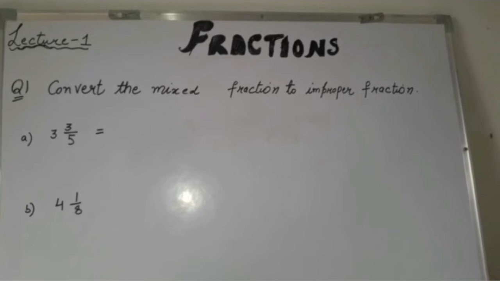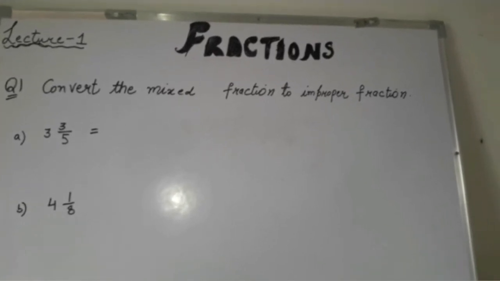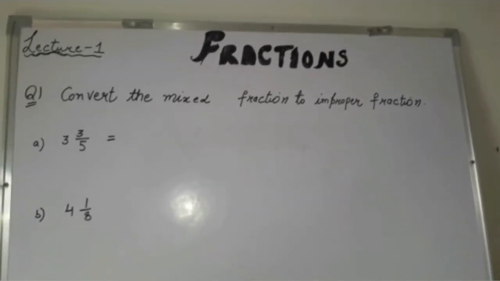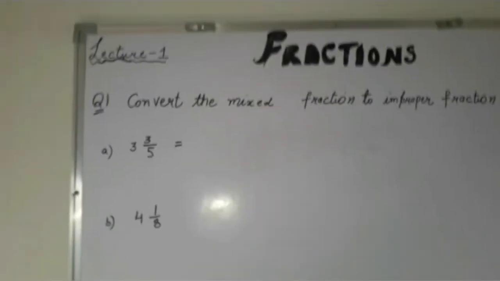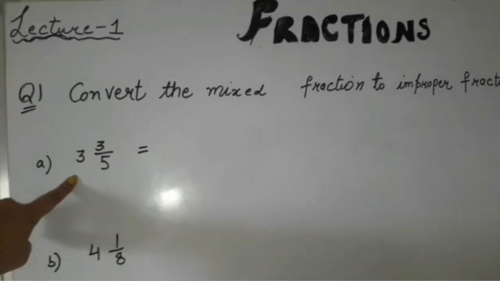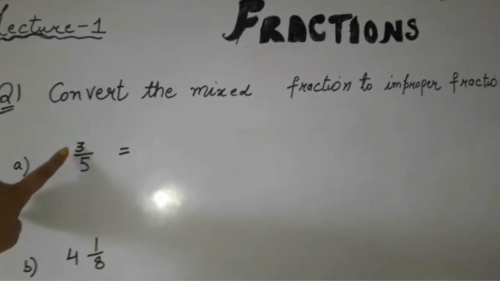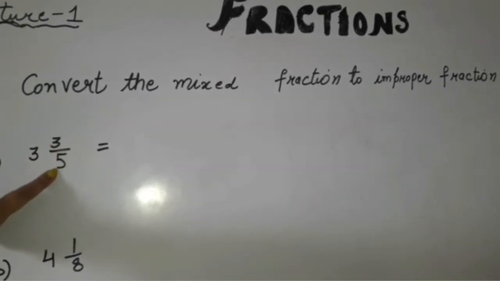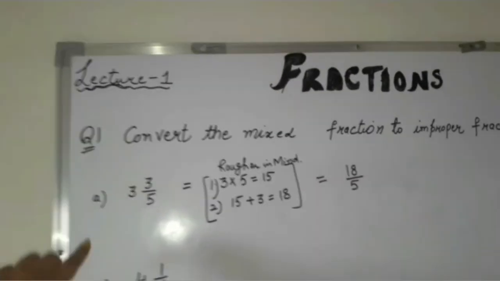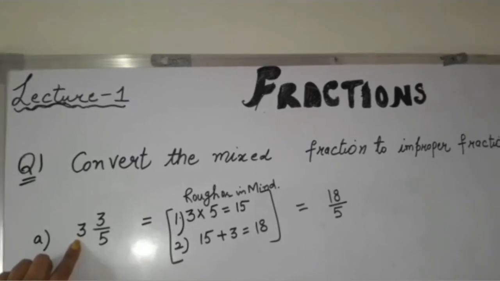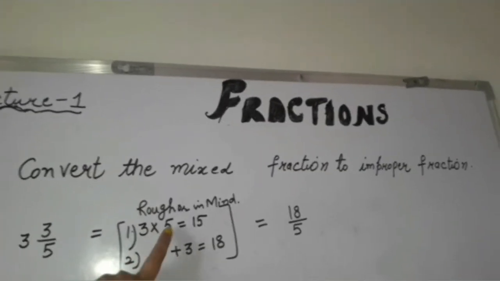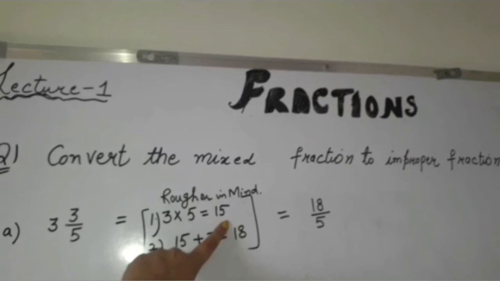Now let us see how I convert the mixed fraction into the improper fraction. I am having 3 by 5 and you know that this 3 is a natural number, this is the numerator and this is the denominator. Firstly, I will multiply this 5, that is the denominator, by the natural number, and I got 3 multiplied by 5 is equal to 15.